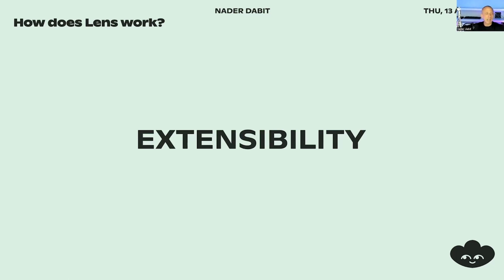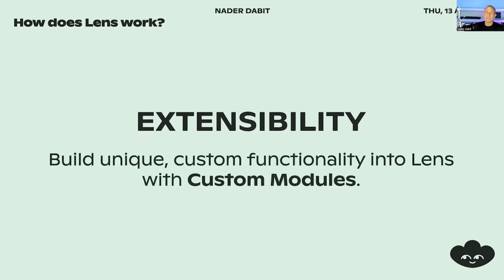But with Lens, you can actually submit a pull request in a sense by just building out your own custom functionality in a module. And a module will allow you to build out any types of functionality that will be enabled through any type of action on Lens. So following, sharing, creating posts or anything like that.